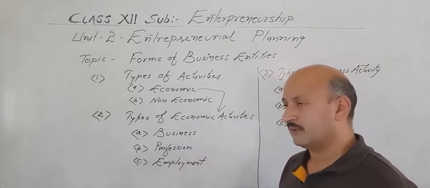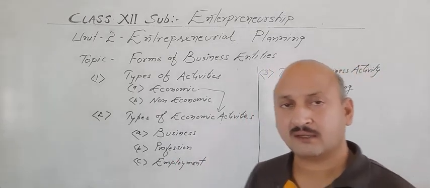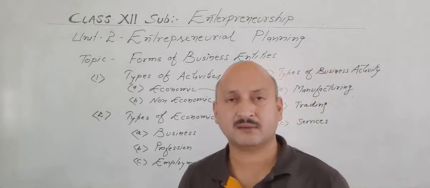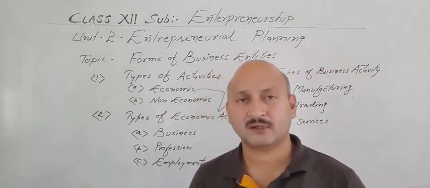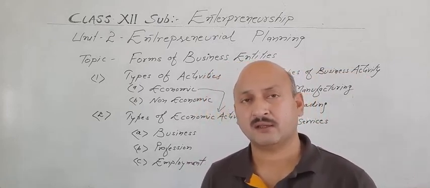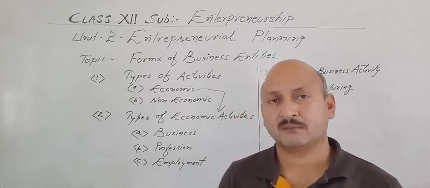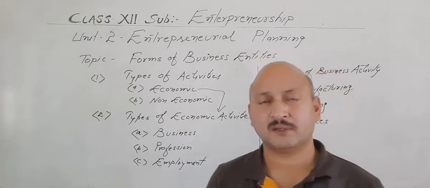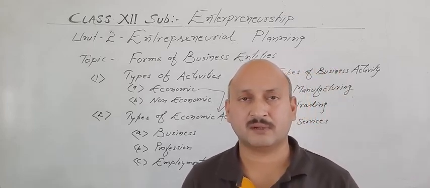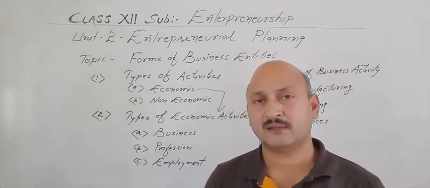Next one is profession, for which certain qualification and experience is required, and for starting it, we have to take a certificate of practice. For example, if anyone wants to become a lawyer, then he has to pass the LLB exam at least.